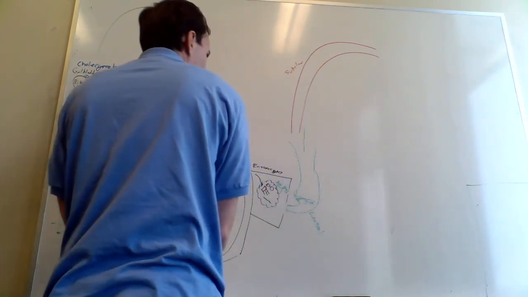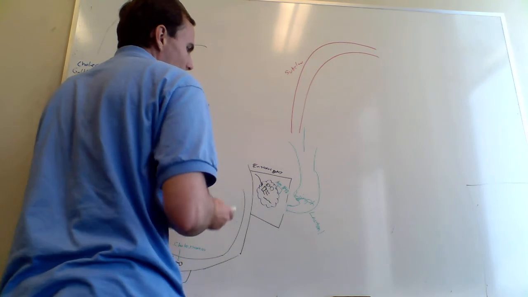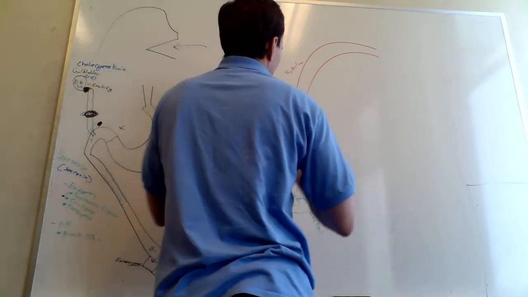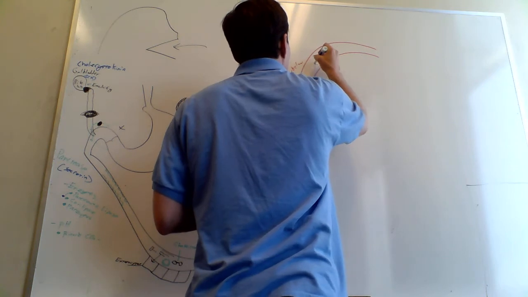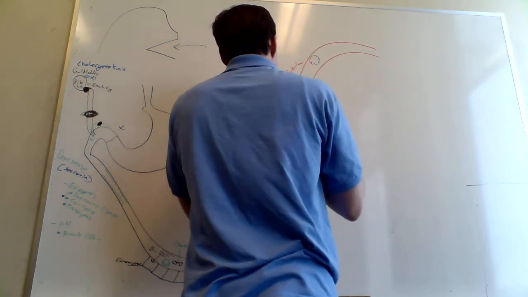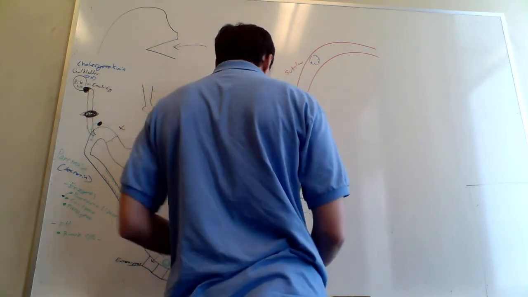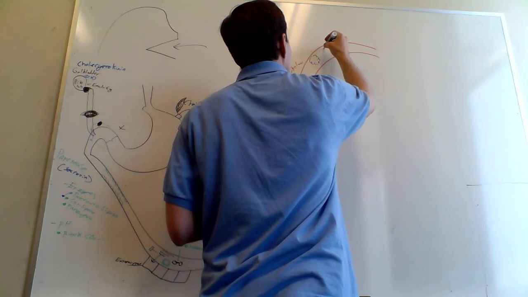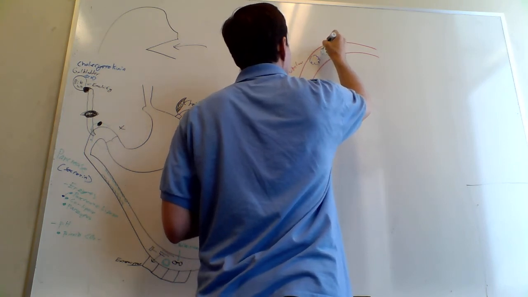Okay, and now we get to why it needs the ApoB48. So, it is in the blood, and this is a chylomicron, and the ApoB48 is how the HDL, which is another lipoprotein, can identify it.